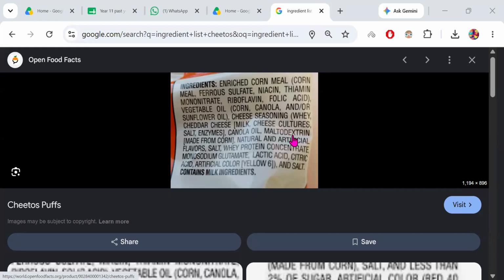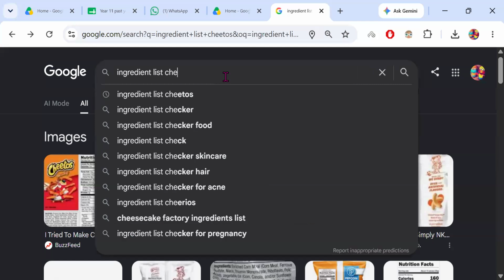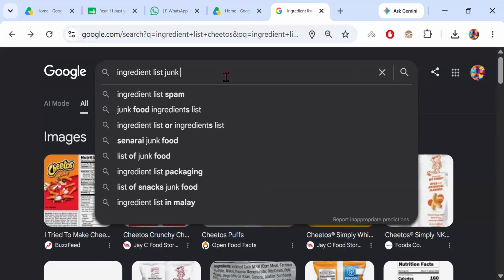It is an artificial sweetener that causes cancer. Natural and artificial flavors. They don't even tell you which one. Salt, whey protein concentrate, monosodium glutamate, MSG, lactic acid, citric acid, contains milk ingredients, and color yellow 6. Okay, ingredient list. Junk food.